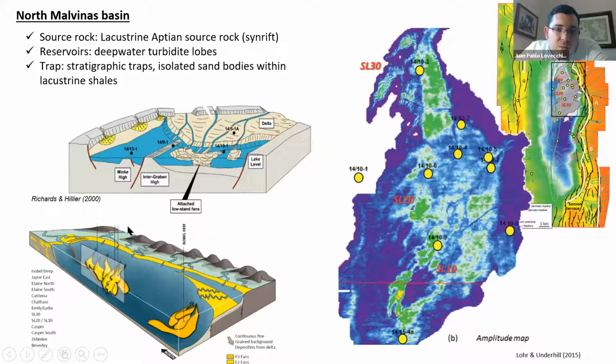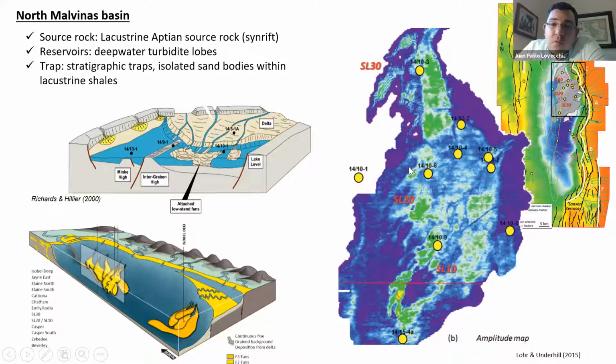You have the footwall, you have the river systems, you have the alluvial fans, and turbidites associated to those deposited, embedded between the lacustrine shales, quite good, well-sorted sandstones that are trapped between the shales, so it's a stratigraphic trap, and it has been tested productive for oil in the South Atlantic.